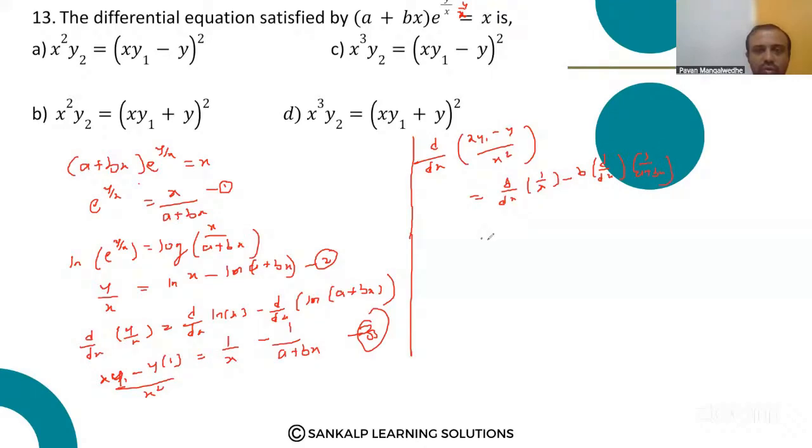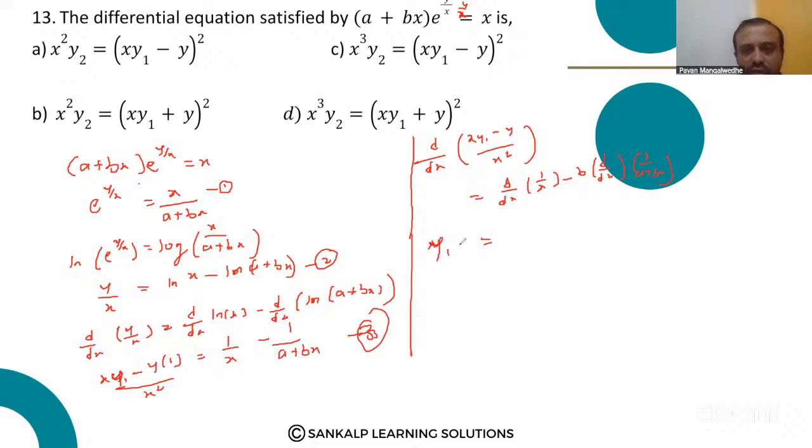So this can be evaluated by, just a minute students. So this is differentiation of this.